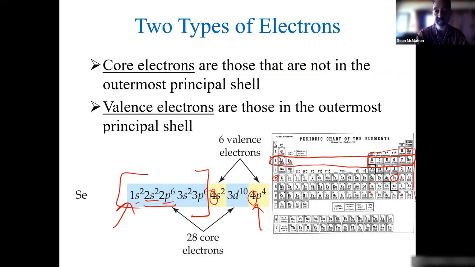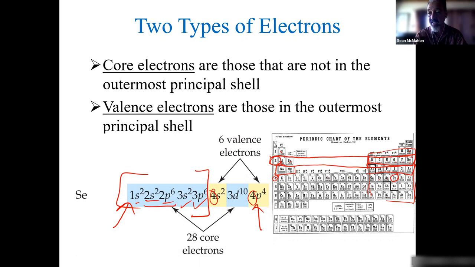Why 2p6? Second energy level, P block, I go all the way across. Then I go to the third energy level, 3s2, 3p6, that's done. That's considered core because all of those levels are filled.